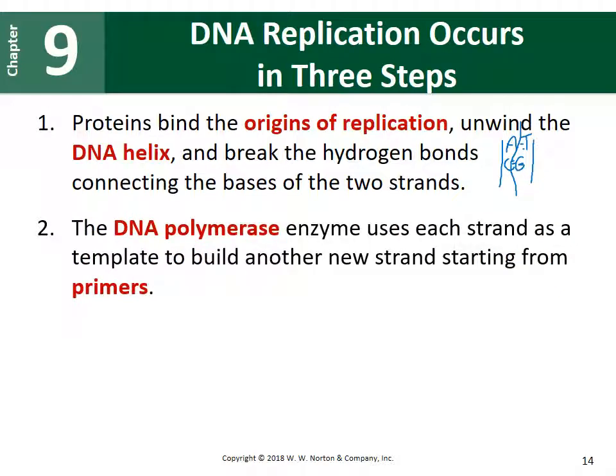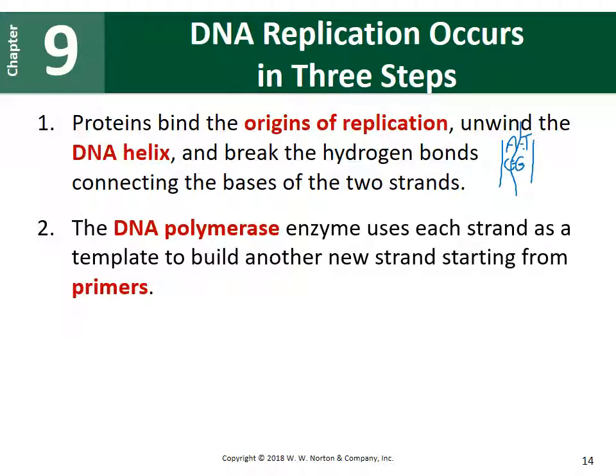Once we have those two strands broken apart from each other, a special molecule called DNA polymerase, it's an enzyme, it uses each strand as a template to build another new strand. And in order to start that, we have to have a primer that's put on first. So it's kind of like if you paint a room or paint a house, you have to put on a primer before you actually put on the paint.